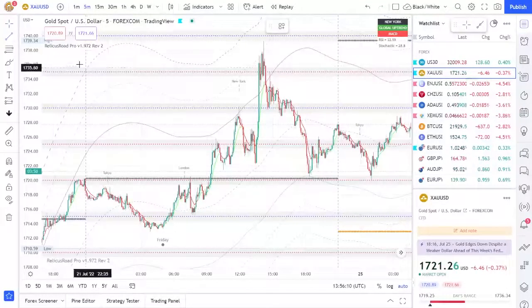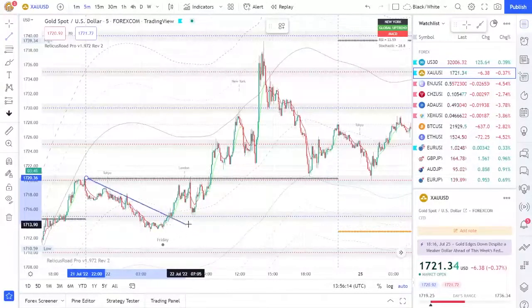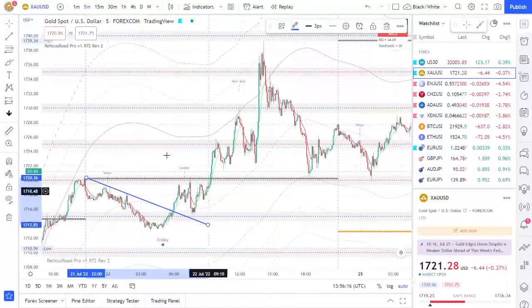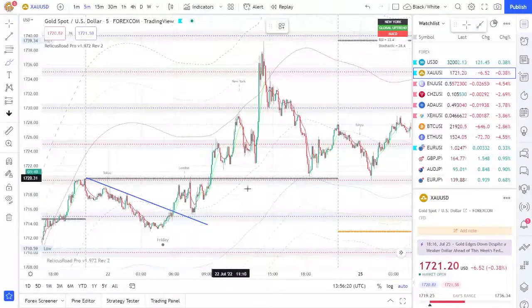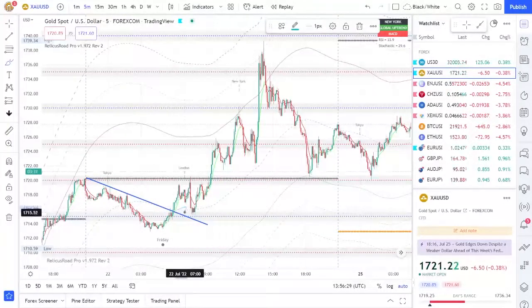Okay, so we have this trend line from here till here, right? So around here, the market broke the trend line, so it started to go up. Sometimes it can make a movement like this, but it didn't.